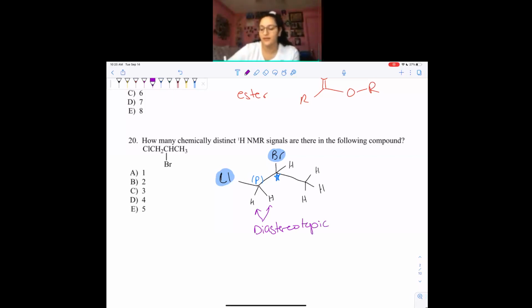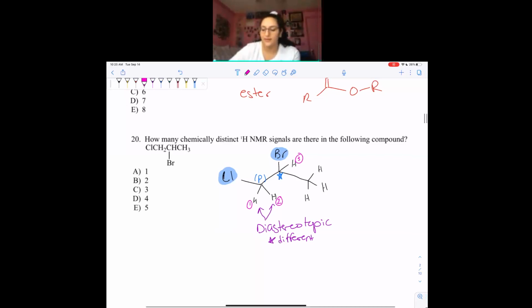Which means they are completely different. So this will be signal number 1. This will be signal number 2. Number 3. And then all of these 3 at the end are exactly the same.